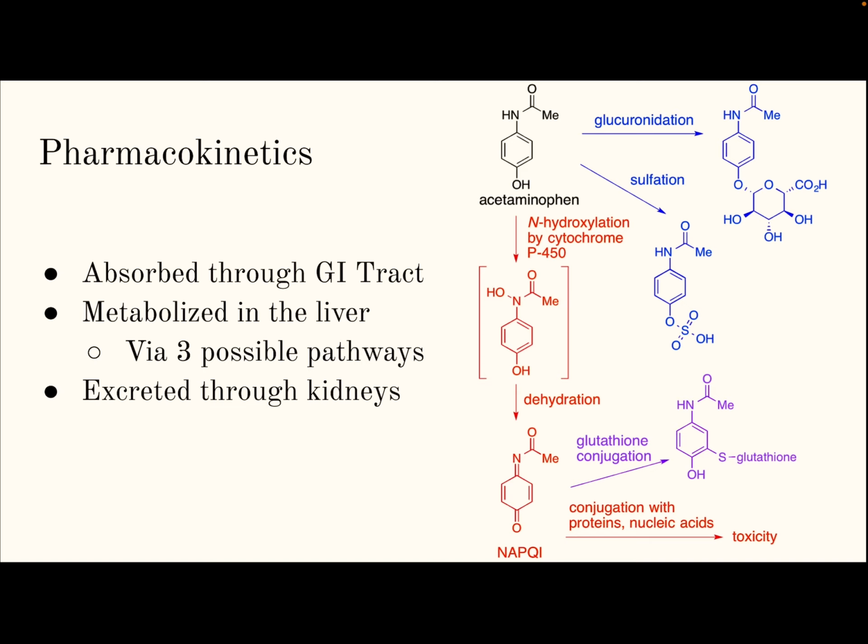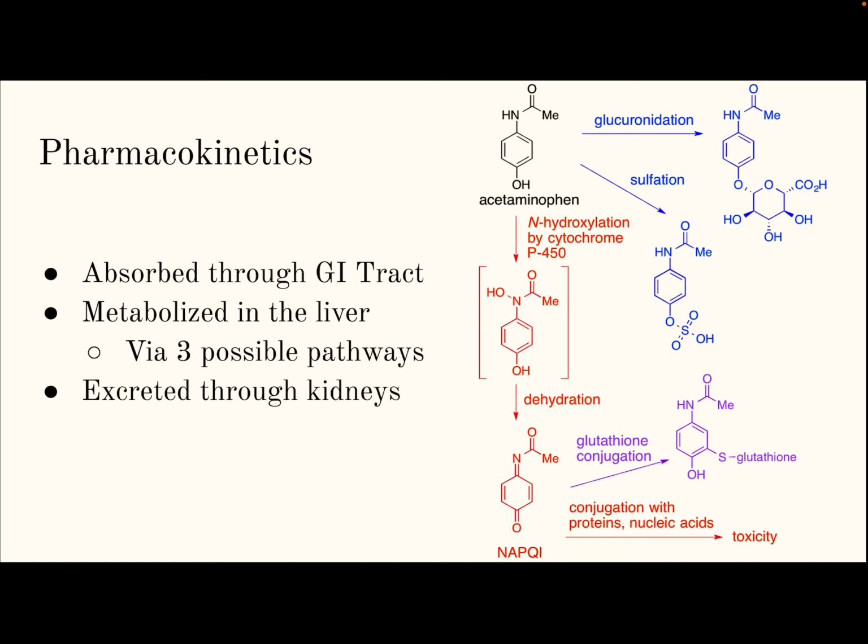Okay, so for the pharmacokinetics, when taken orally, acetaminophen is absorbed rapidly in the GI tract. There is some absorption in the stomach, but it's considered to be negligible. It's primarily metabolized in the liver via three possible metabolic pathways, as you can see on the side. It can go through glucuronidation, sulfation, or hydroxylation by cytochrome P450.